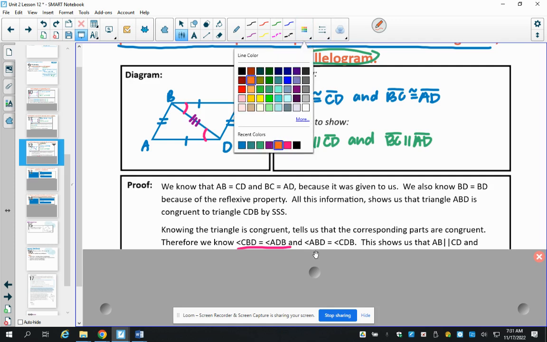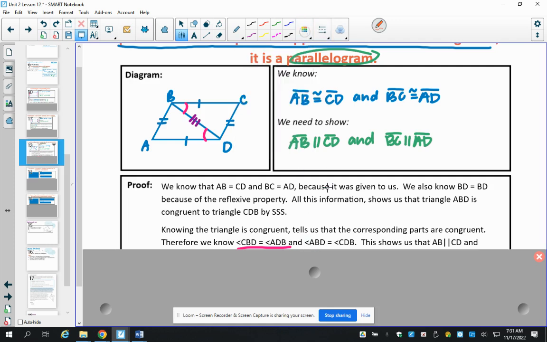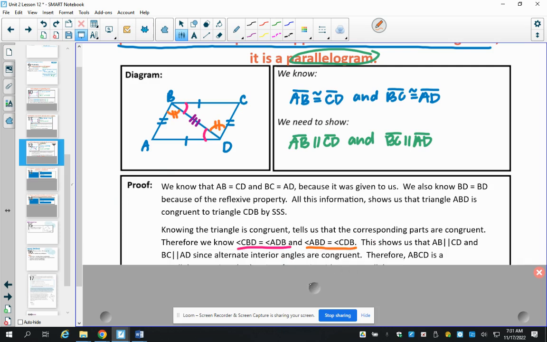Okay. We also know that ABD, this one, is congruent to CDB, this one. This tells us that these two lines are parallel. So from this orange angle, we get this Z. So that's going to give us AB is parallel to CD.